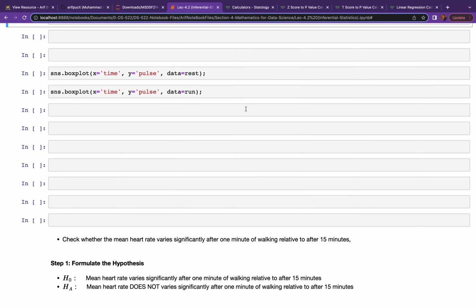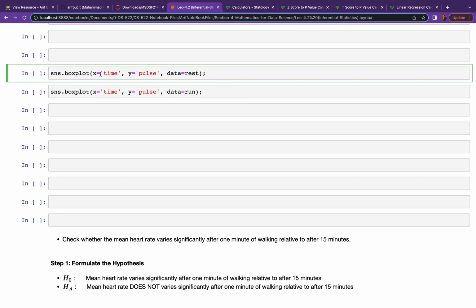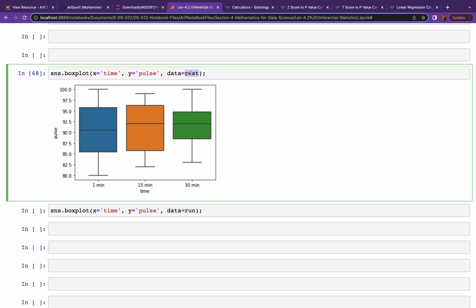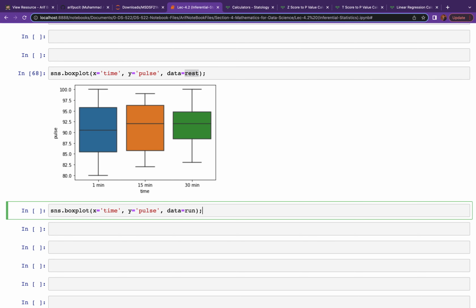Of course we can use a box plot to have a better observation. This gives us some more information. This shows the pulse rates after 1 minute, 15 minute and 30 minutes of rest. Let me run this graph.